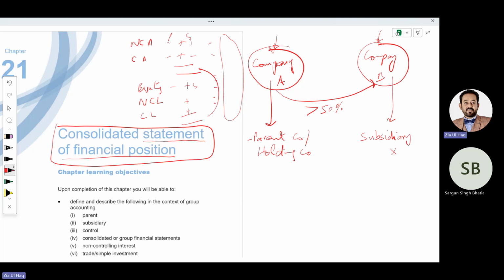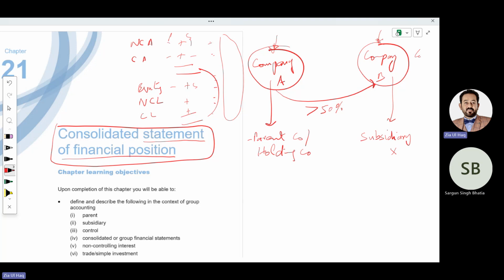There could be more than one subsidiary. Suppose company A has bought 60% of company B, and they have bought 80% of company C. Then all three company results should be consolidated into consolidated statement of financial position.